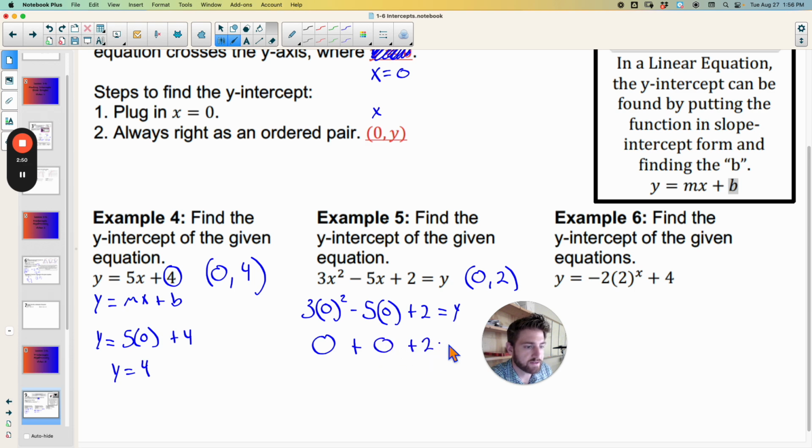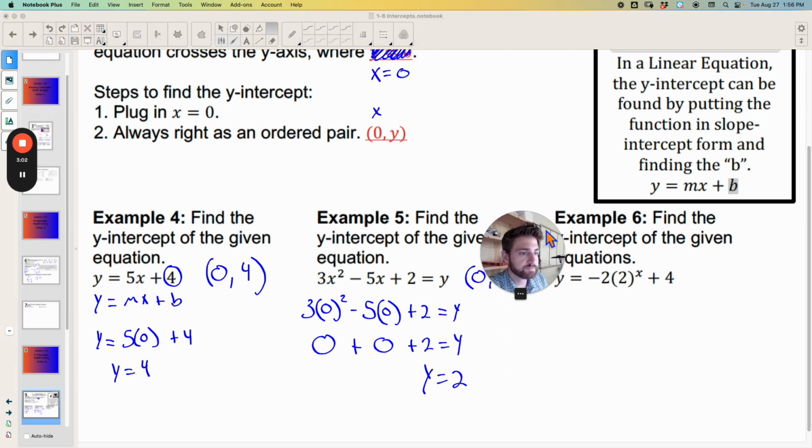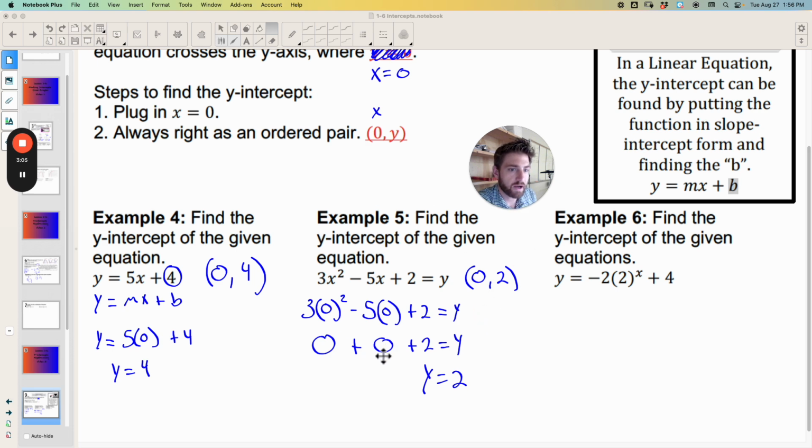And then I have plus 2 equals y. So I know that 2 is equal to y. Okay, so you can do it either one of those ways, and you can also plug this into Desmos if you'd like. But granted, if it says find it algebraically, then you try to find it algebraically. You can always check yourself by using Desmos.